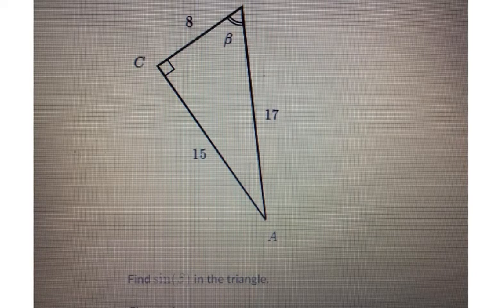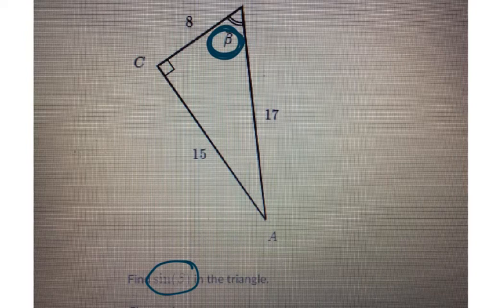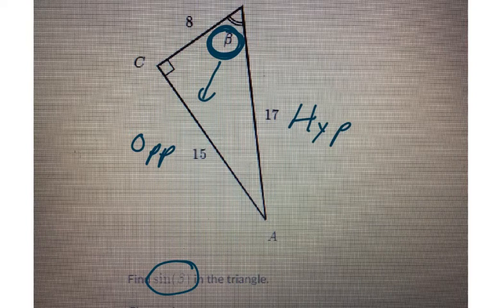All right, let's try another one. They want us to find the sine of beta. Step 1, let's mark our angle. There's our angle beta. Step 2, let's label the sides. Notice how the 15 is across from it. That's opposite. Notice the 17 is the longest side. It's the hypotenuse. Notice the 8 is right next to beta.